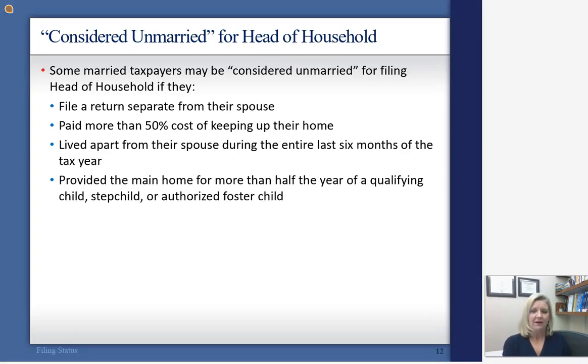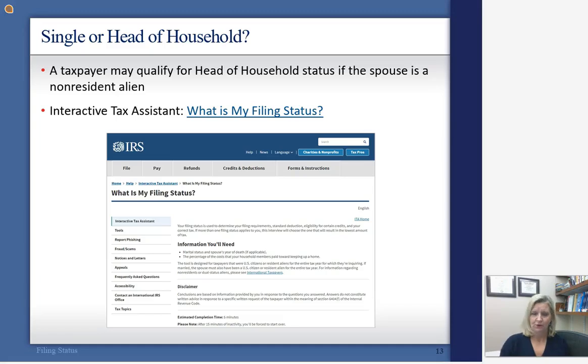So this is not a total of 6 months during 2025. It is literally the last 6 months of 2025. So since July 1, they have been living apart from their spouse, and they provided the main home for more than half the year of a qualifying child, stepchild, or authorized foster child. So this is a limited circumstance where someone who is married can file as head of household.